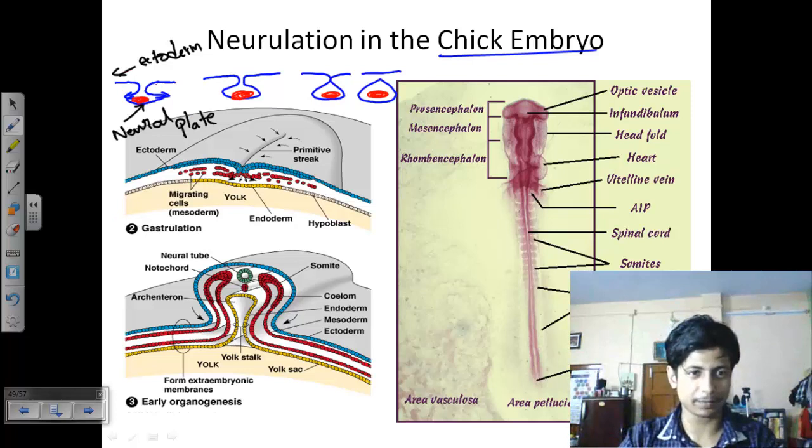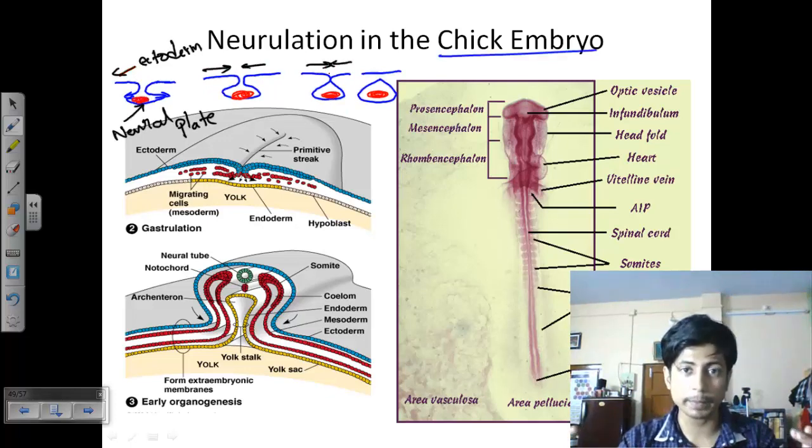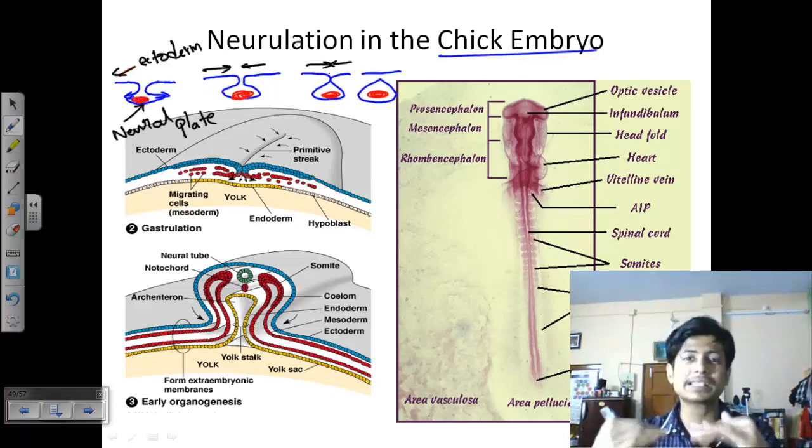They keep on migrating and keep very close to each other, because they drag the cells from the surface. After some time, when those membranes fuse, the ectodermal cell layers fuse with each other, then it forms a cavity containing the neural fold inside.